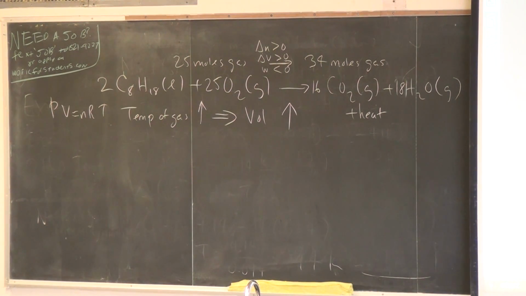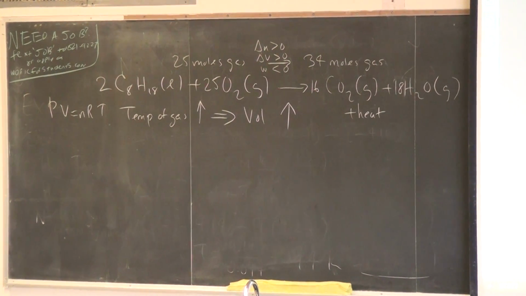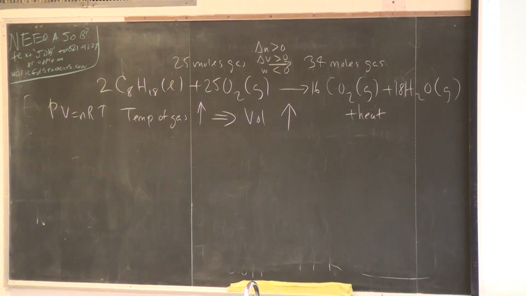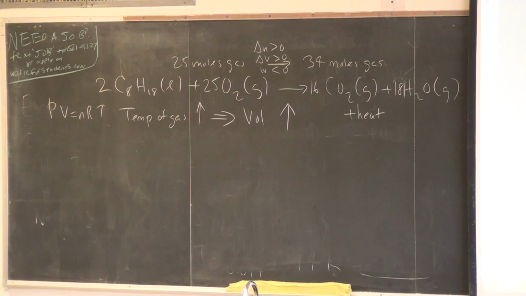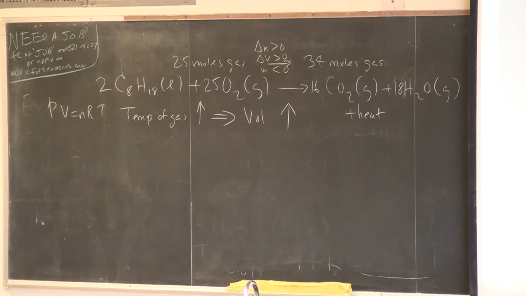Now, you said that not all the heat is converted into work. Why isn't all that heat converted into work? Because some of the gas produced is not hitting the piston, it's hitting the walls. Yep.